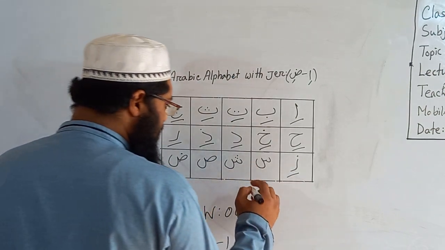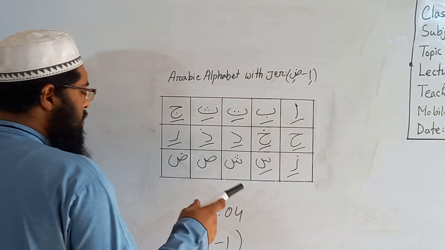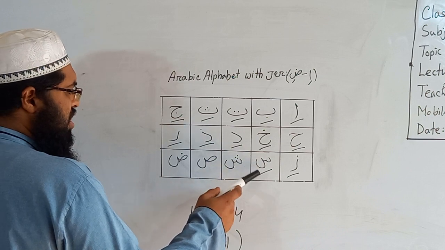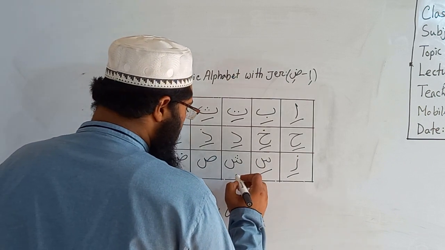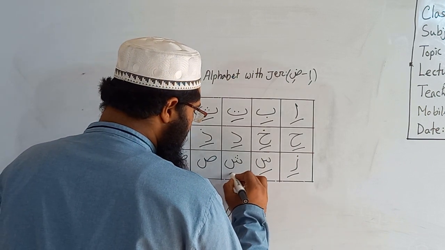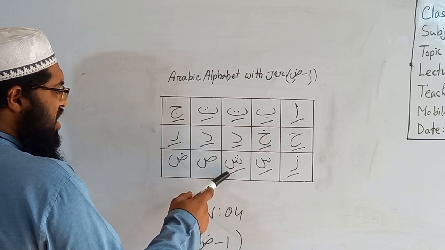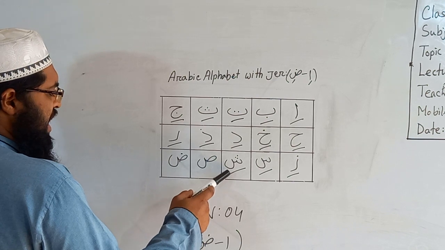You know that this one is Sin. Now I am giving Jer under the Sin, and you have to pronounce this one Sin Zer Si. Then this one is Shin. Now I'm giving Jer under the Shin, and you pronounce Shin Zer Shi. The sound will be dashing like that.